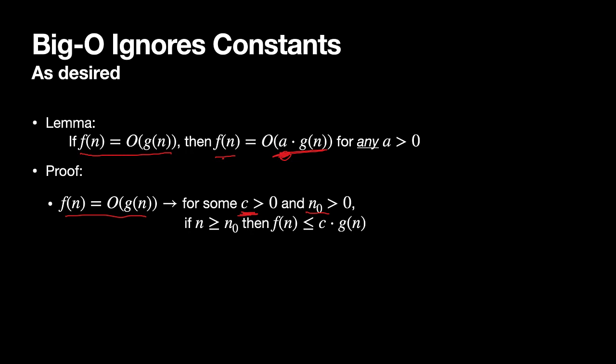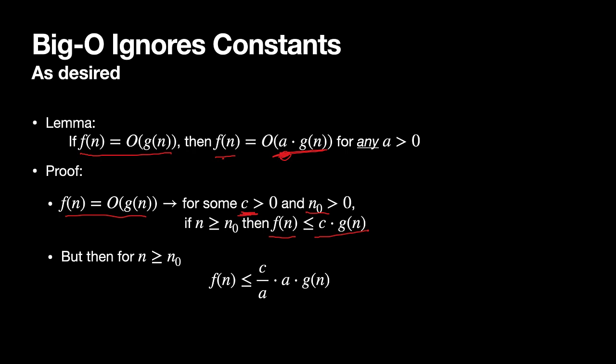So f, by the definition of the big O notation, is always less than or equal to c times g of n. Now for an arbitrary constant a, all we really have to do is substitute in, change our value of c to compensate for a.